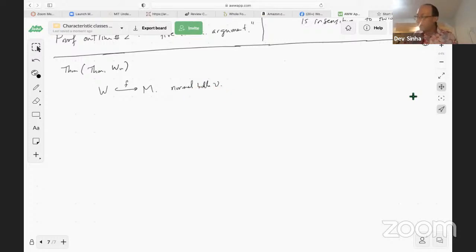Then if I consider the characteristic classes of that normal bundle, that's a class in the cohomology of W. And then I apply the wrong way map, which, if you want, just says, let's take some sections of the normal bundle and see where they vanish.